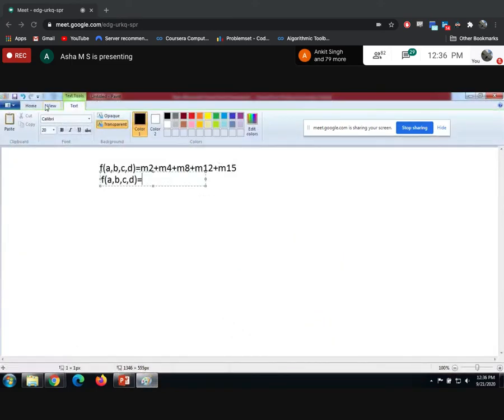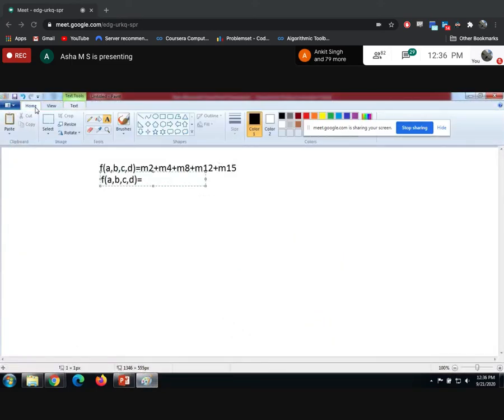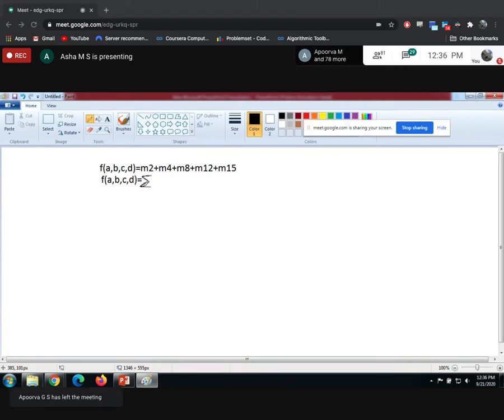Usually the min terms are represented by sigma. So you have to remember, wherever you see this sigma symbol, it means these are the min terms. There are also max terms, but don't worry about the max terms.